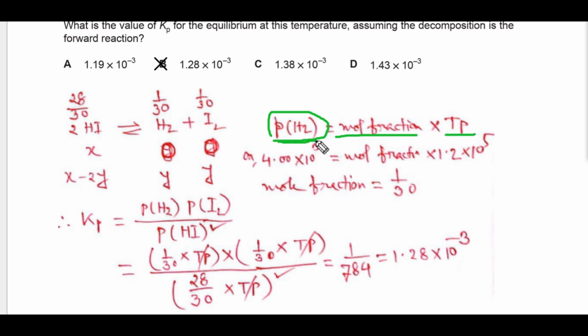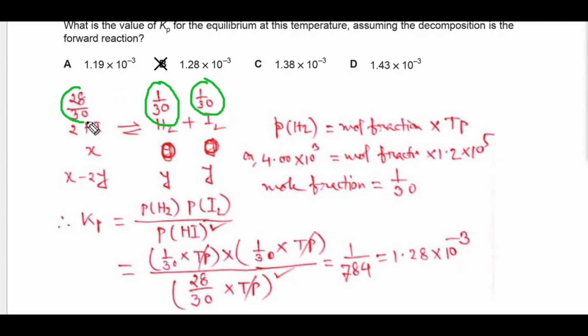So the partial pressure of hydrogen is given as 4 times 10 to the power 3, and the total pressure is given as 1.2 times 10 to the power 5. So the mole fraction of hydrogen will be 1 by 30. So now the mole fraction of hydrogen is 1 by 30, and the mole fraction of iodine is also 1 by 30.